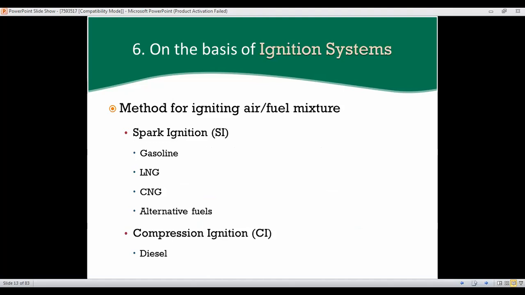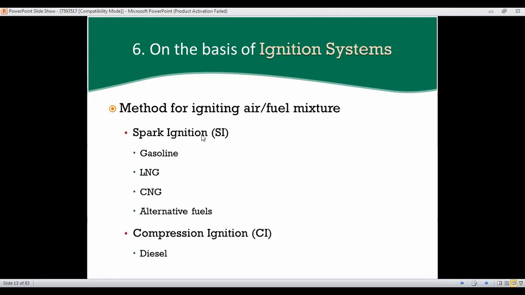Now on the basis of ignition system, how the spark can take place, the method for igniting the air and fuel mixture.